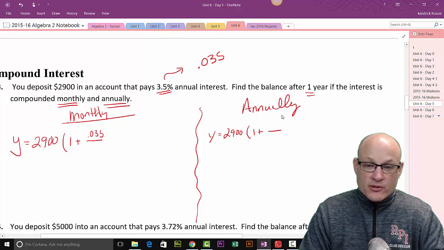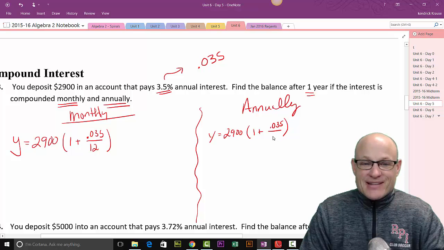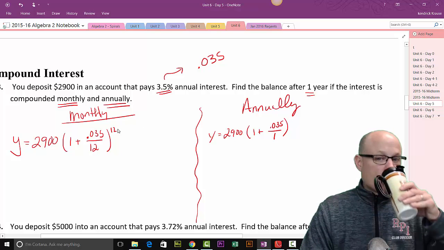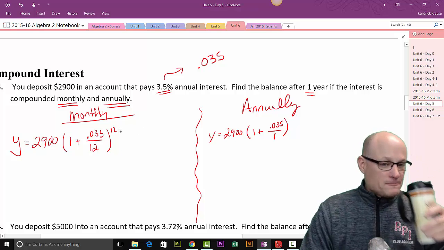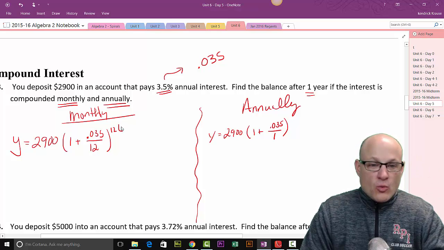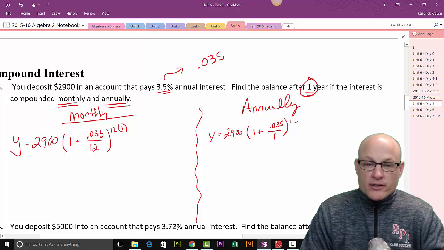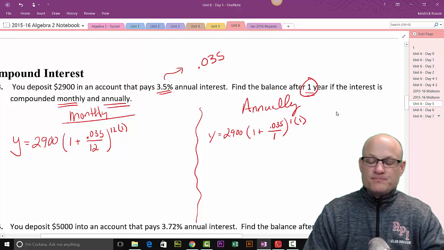That's the hard part, I think, about most of this stuff, is just getting that interest rate right. So in this case, it's monthly, so that's 12 times a year. In this case, it's annually, so that's 1 time a year. So this is going to be 12 times 1, because my time is 1 year. And this is 1 times 1.